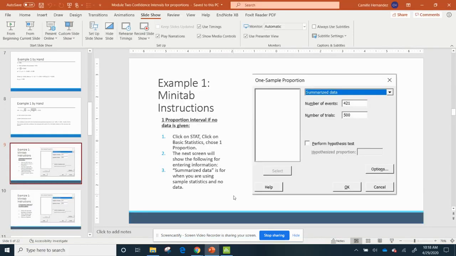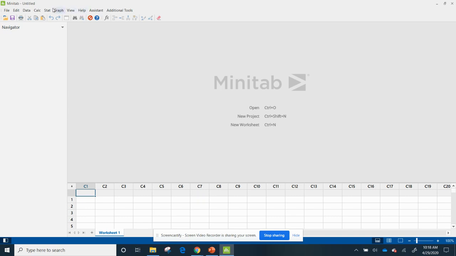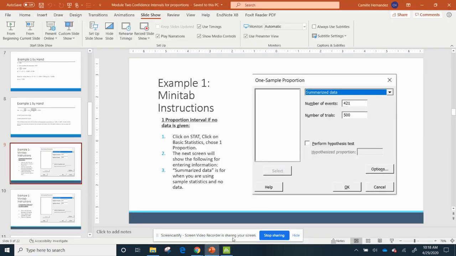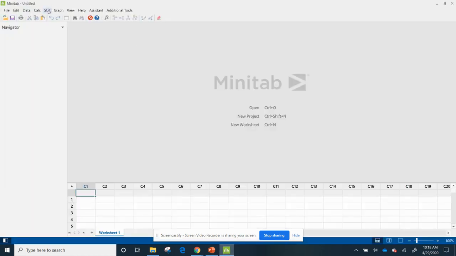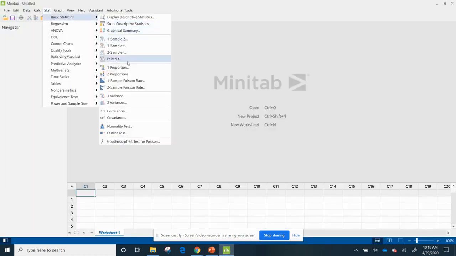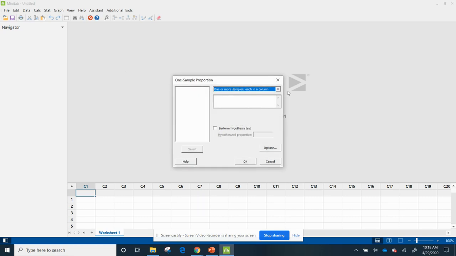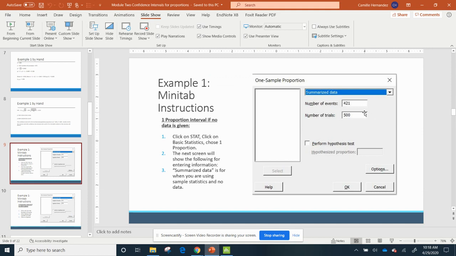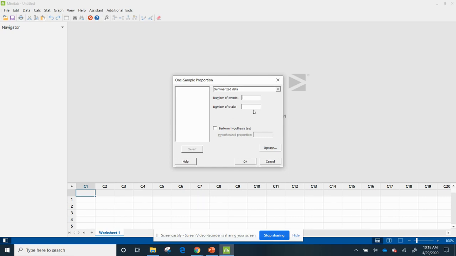Okay. So I go to Minitab and I go to, let me make sure I'm doing this right. Yeah. So you go to Stats, Basic Statistics, One Proportion. So I'm going to do this as summarized data. So remember, this is where it gets a little bit tricky. Number of events is the smaller number, trials will be bigger.